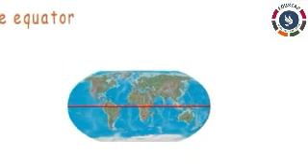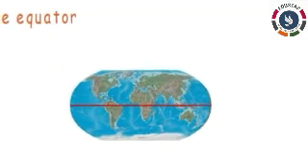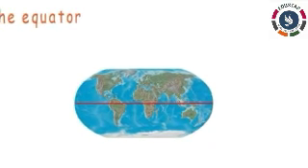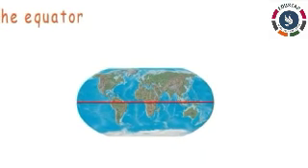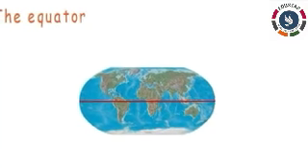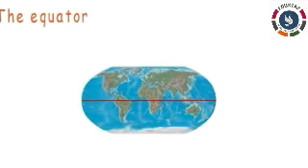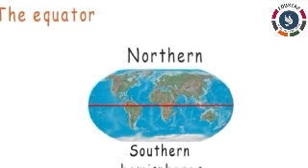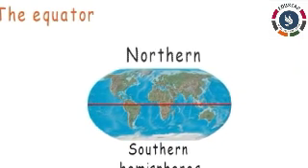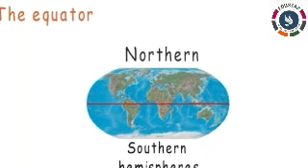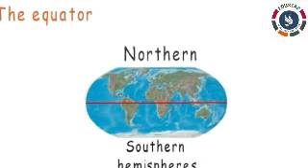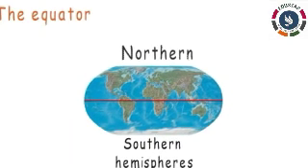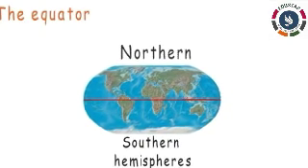Equator. Another imaginary line running on the globe divides it into two equal parts. This line is known as the equator. The northern half of the Earth is known as the northern hemisphere, and the southern half is known as the southern hemisphere.